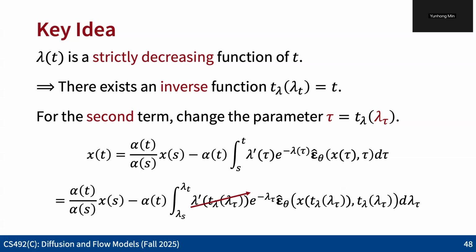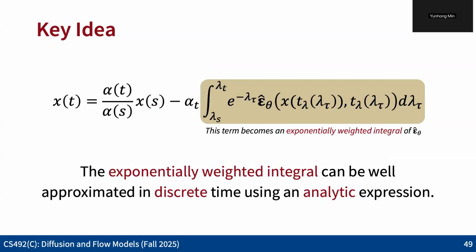The effect is that we can cancel this out, because we come back to the identity function, right? So we can see that the ODE formulation for the reverse process became simplified into this way.